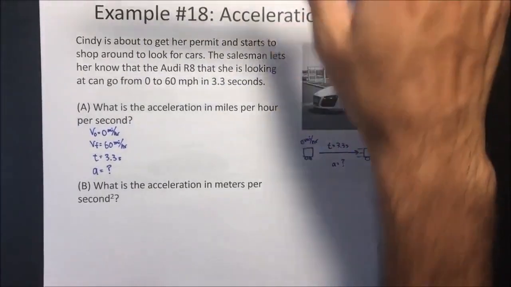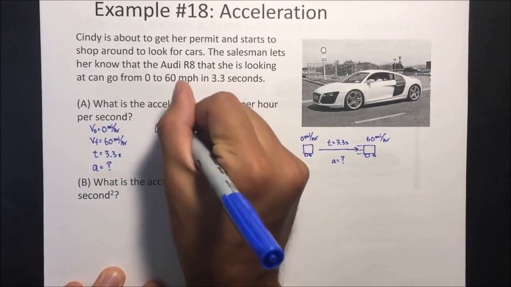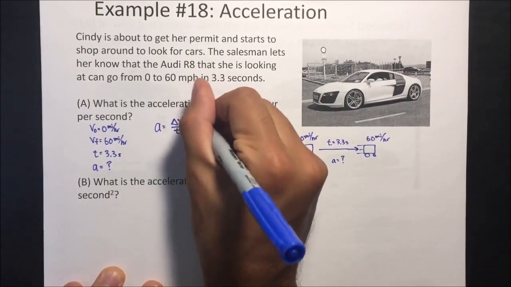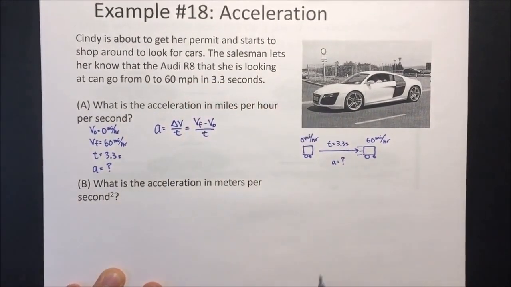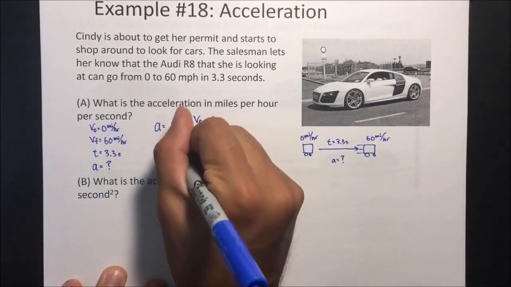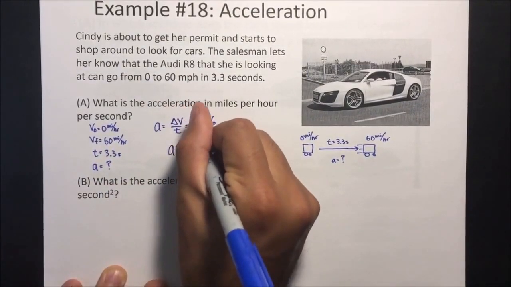We're going to do acceleration is equal to the change in velocity over time. Or acceleration is equal to the final velocity minus the initial velocity over time. So we can find the acceleration. We know the final velocity, it's 60 miles an hour.